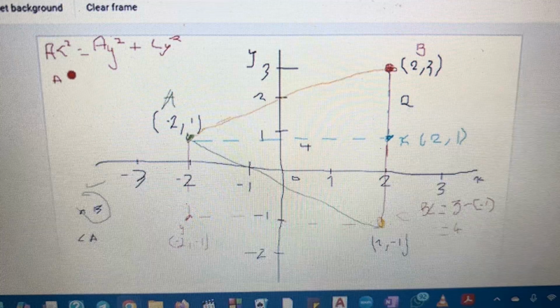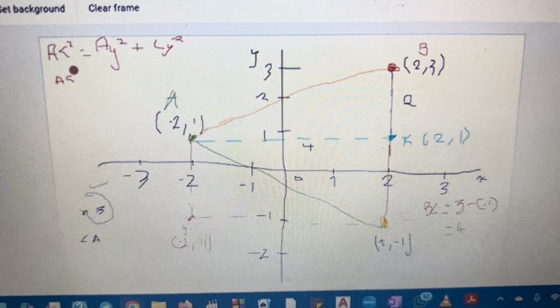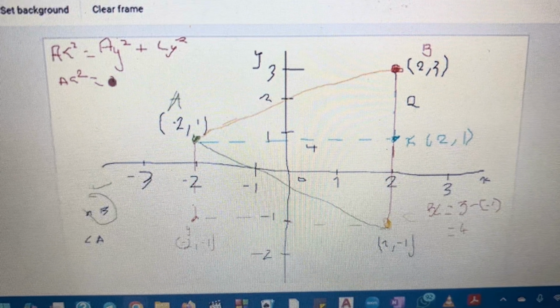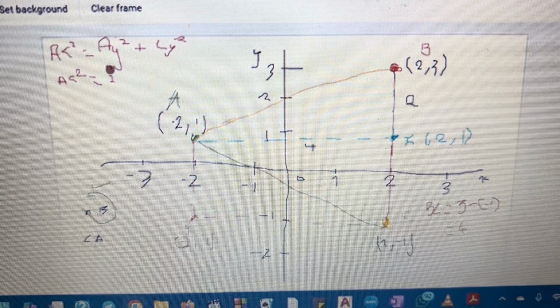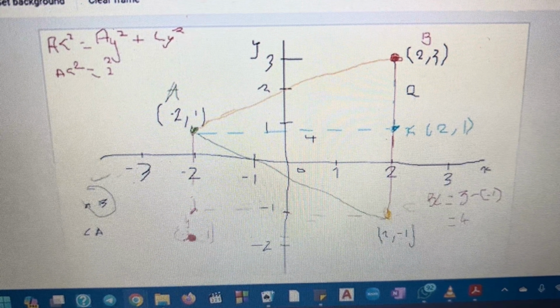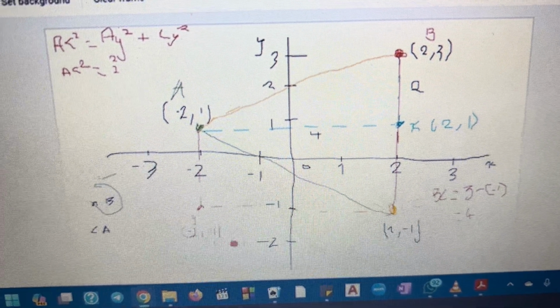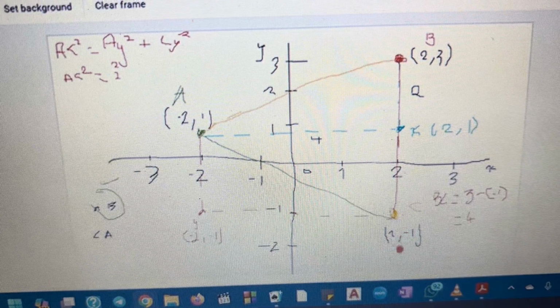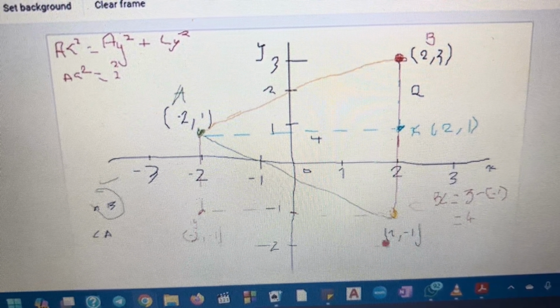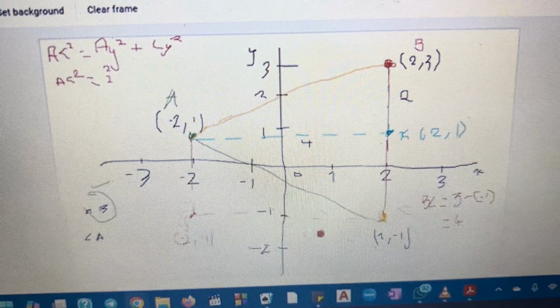So AC squared is equal to 2 squared for the first one. Our AY is 2. And then our CY, what's changing is the x. So we subtract -2 from 2, by subtracting a negative number from a positive number.